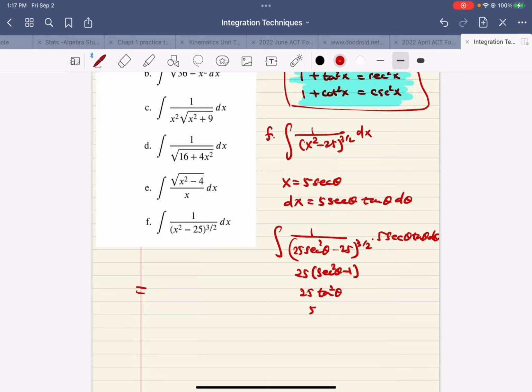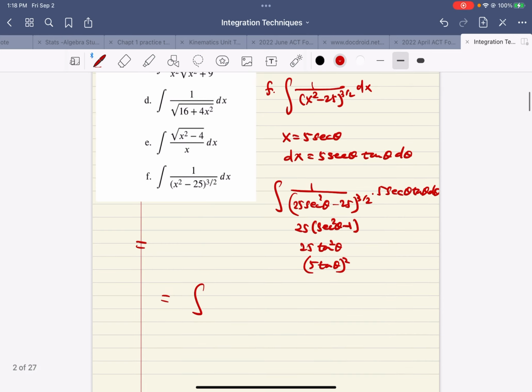So that means 5 tangent theta squared. So what happened is, inside the parenthesis 1 over 5 tangent theta squared to the power of 3 halves times 5 secant theta tangent theta d theta.